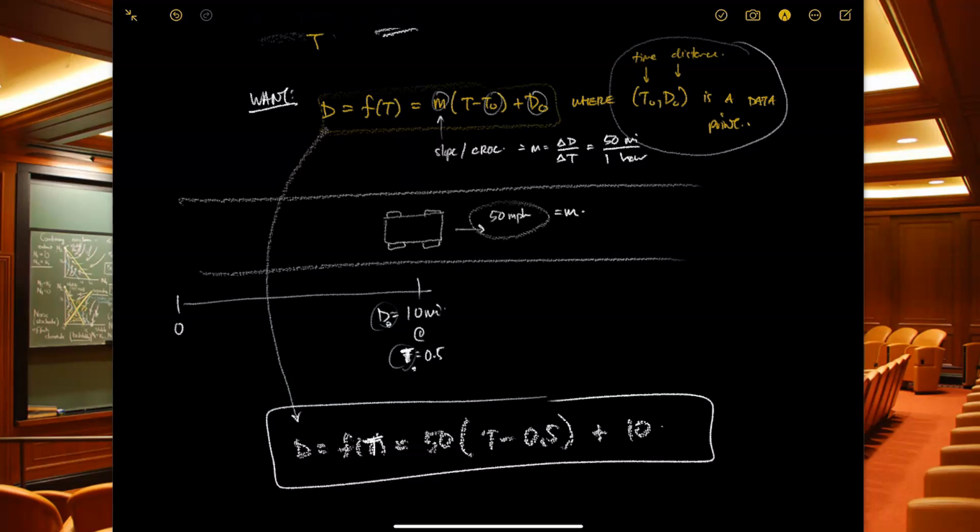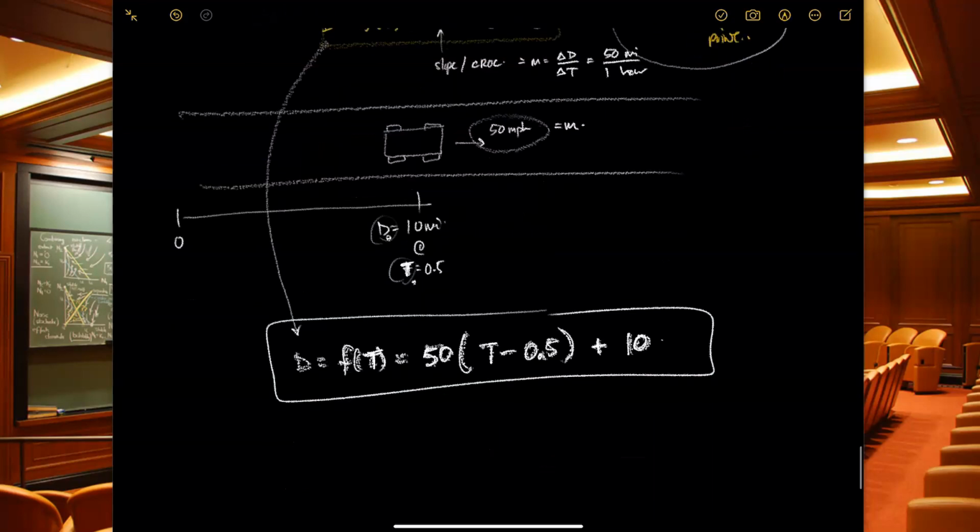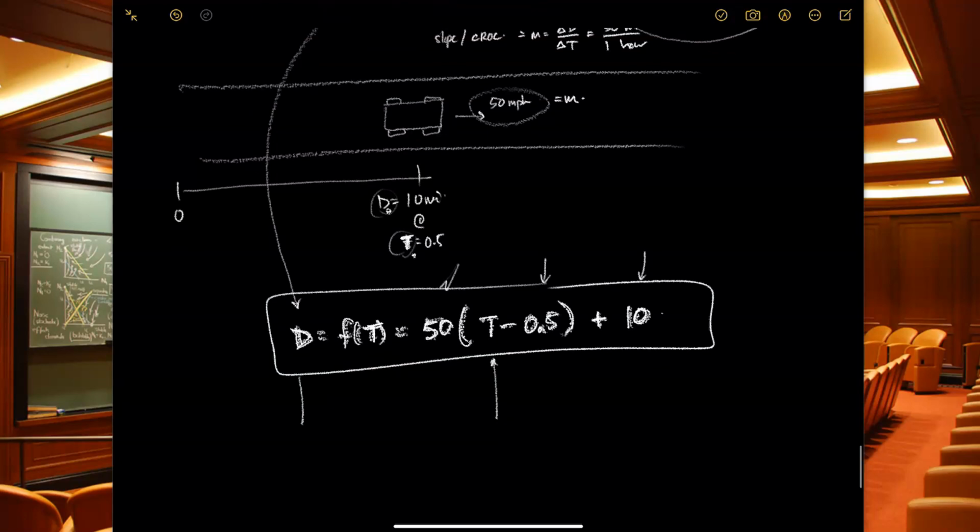So 50 times t minus 0.5, plus 10. My input-output pair, my rate of change. I can judge this book by its cover. I know everything I need to know about this linear function. Tell me any amount of time, and I can tell you how far that car went.